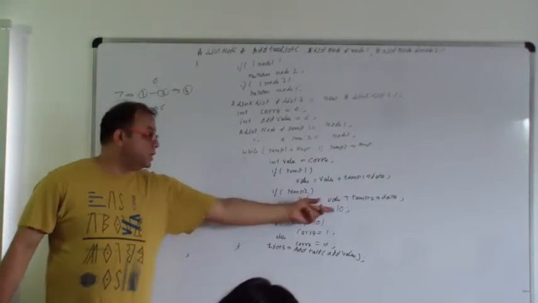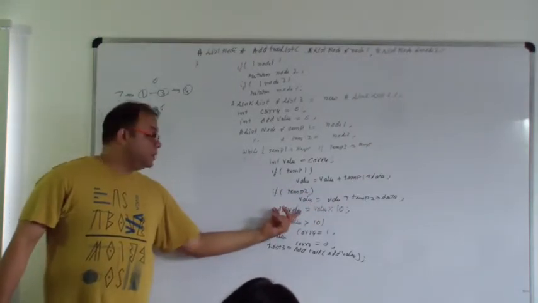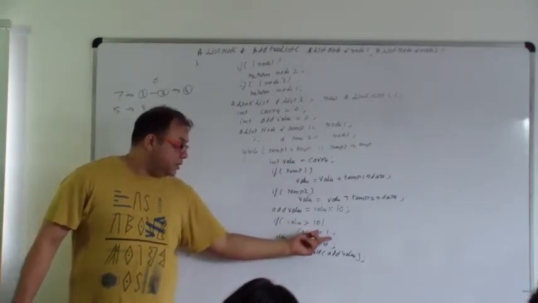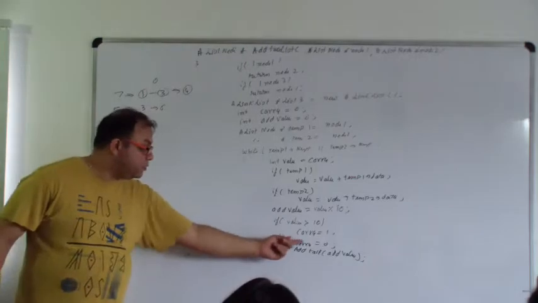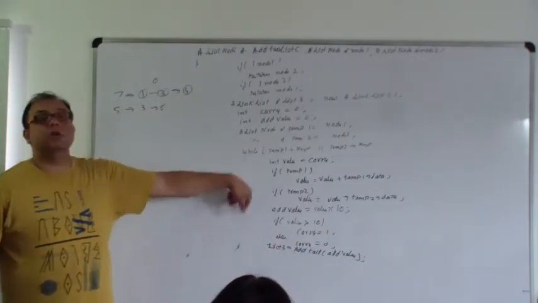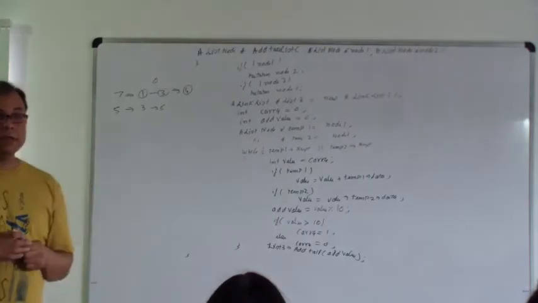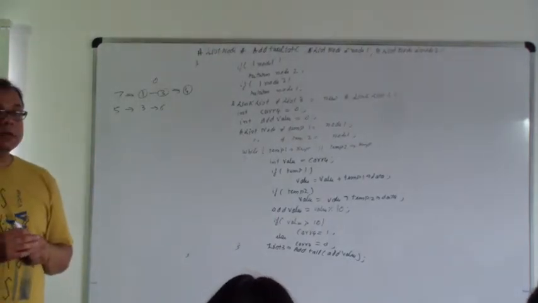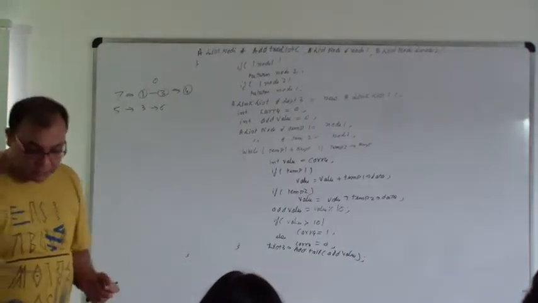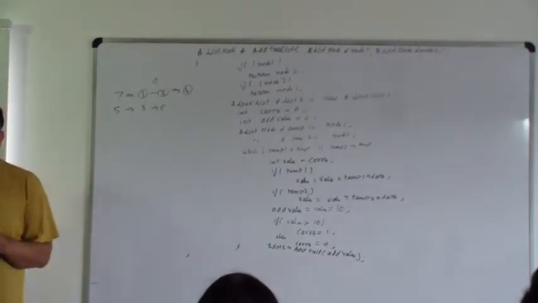If it becomes bigger than 10, the add value becomes percentage of 10. If it was greater than 10, then carry is equal to 1. Otherwise carry is equal to 0, and we will continue to do it. We can avoid this last exercise by just doing a simple integer definition. Sure, we can do that. Did everyone get this?